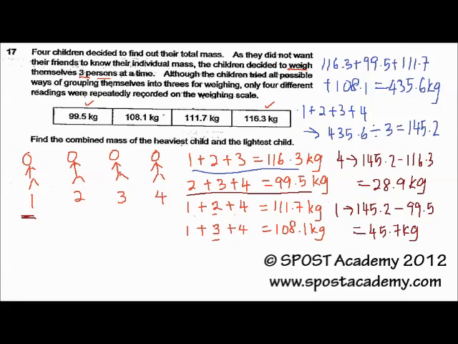So to find the total combined mass of the heaviest child and the lightest child, the total would be 28.9, which is the mass of the lightest child, plus 45.7, which is the mass of the heaviest child. And that gives us 74.6 kg.